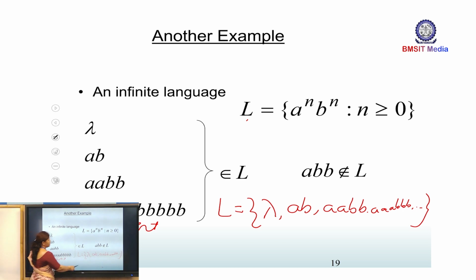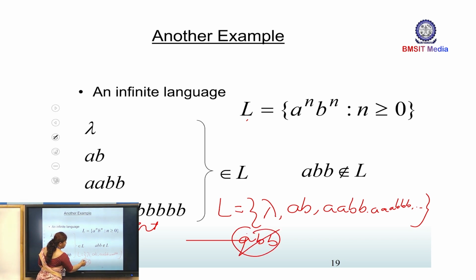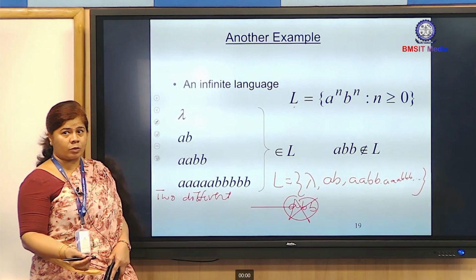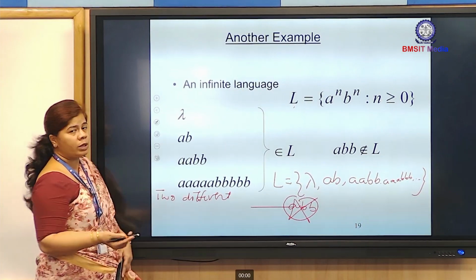But if I write the string ABB, then this string will not belong to this particular language. The reason is that the language is given as a to the power n, b to the power n, where after a number of A's only the same number of B's should come.